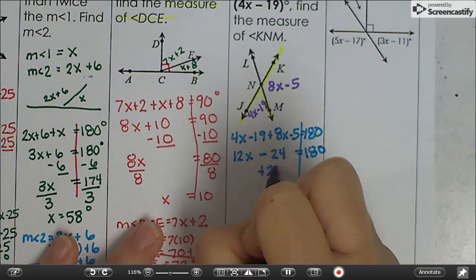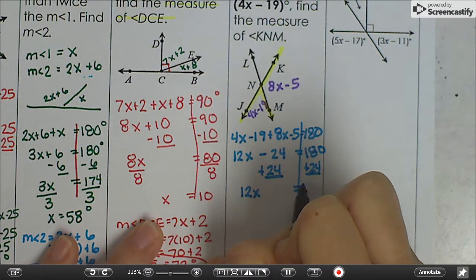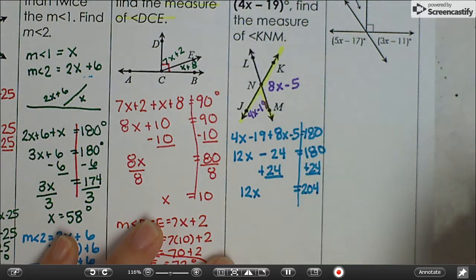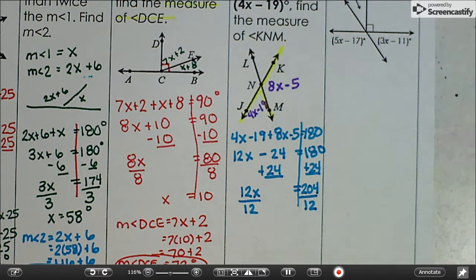Add 24 to both sides. 12x equals 204, and then divide by 12. All right, I'm just over here dividing 204 by 12.